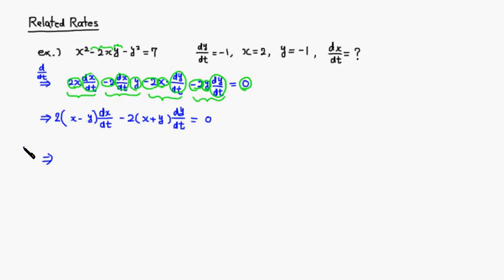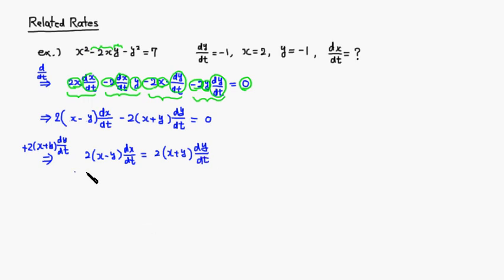So I'm going to add 2 times x plus y dy over dt, so you have 2 times x minus y dx over dt is equal to 2 times x plus y dy over dt.